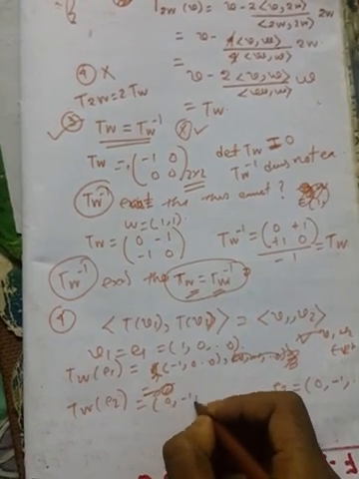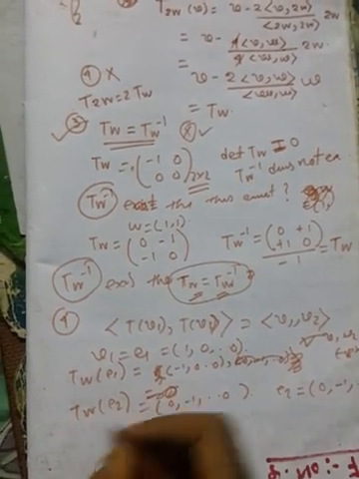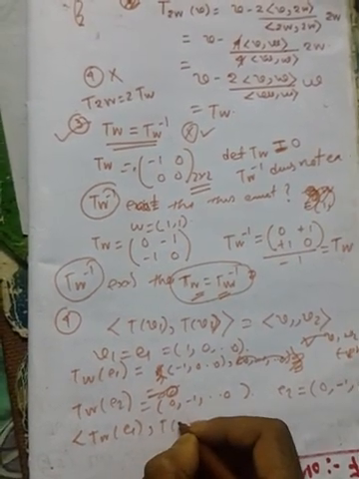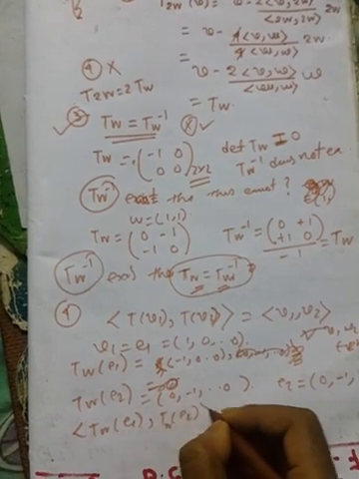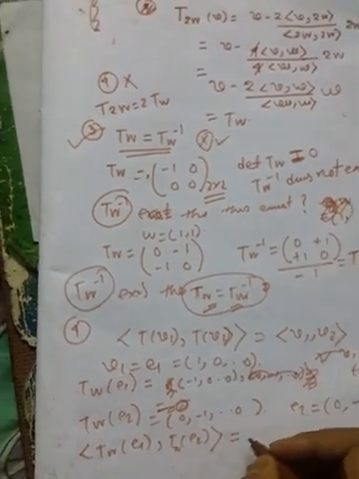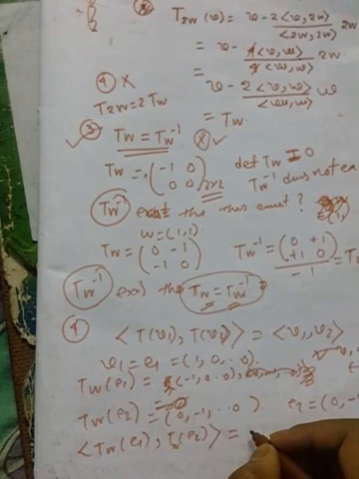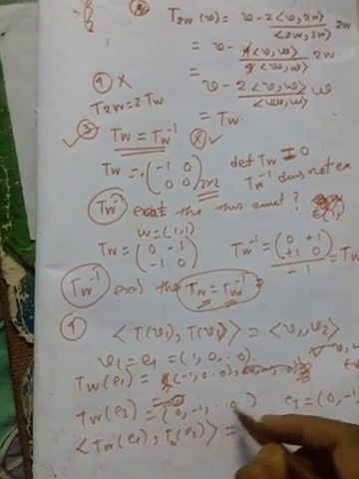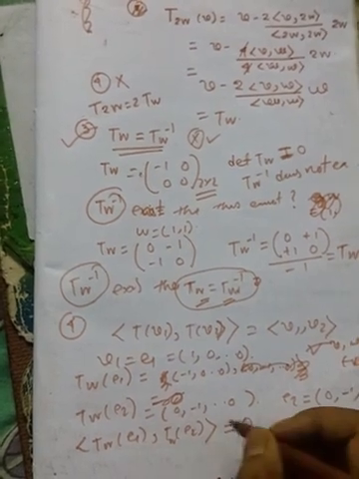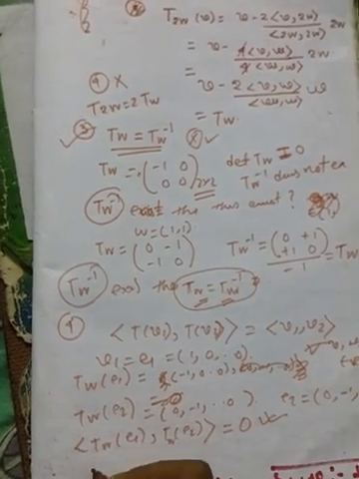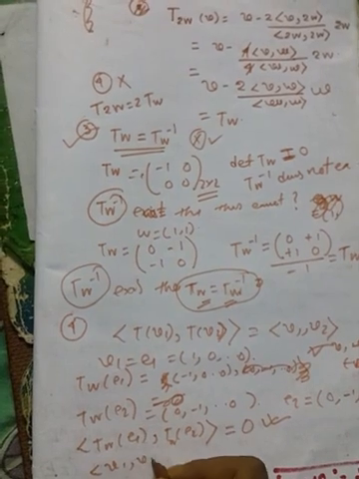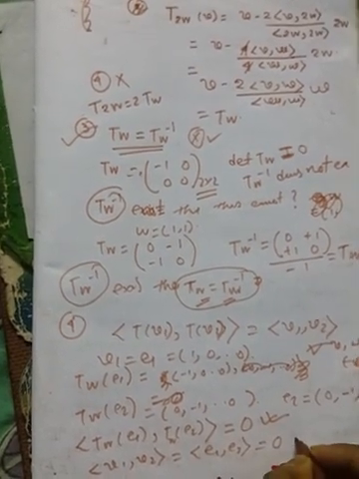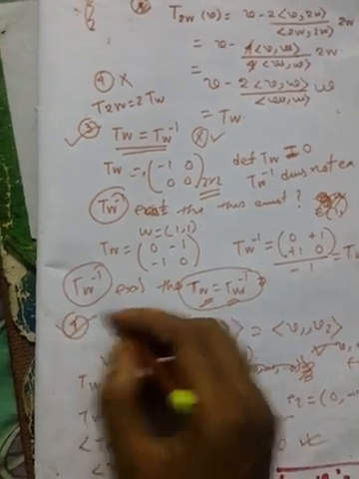So what is the inner product of T of E1 and T of E2? It is minus 1 times 0, 0 times minus 1, and all other 0. This is the standard inner product, so this is 0. And what is the inner product of V1 and V2? This is E1 and E2, so this is also 0. So option 4 is correct.